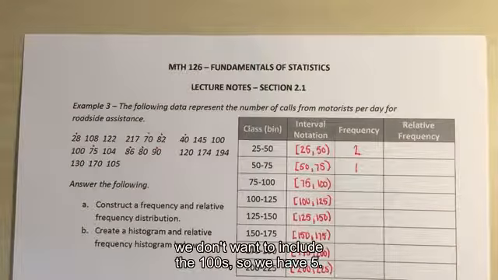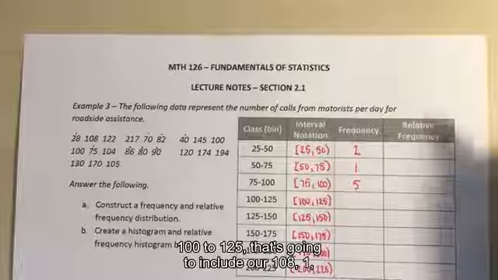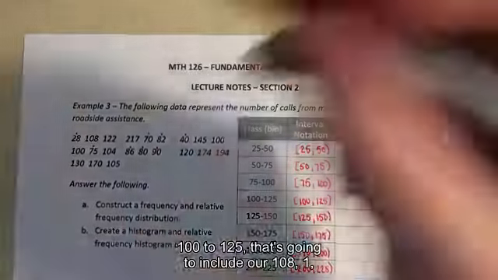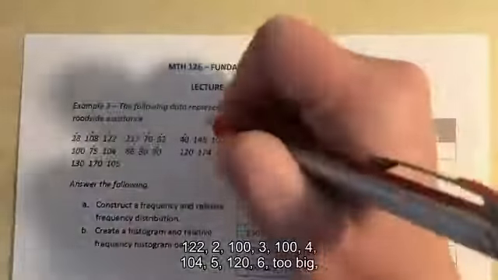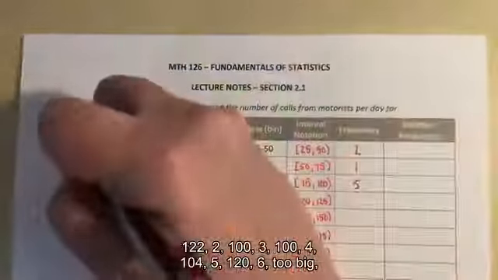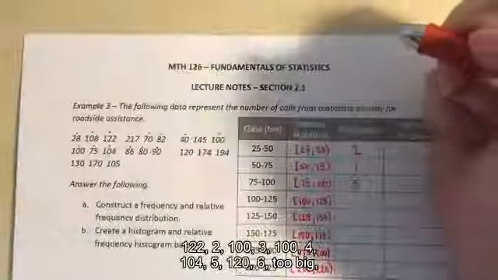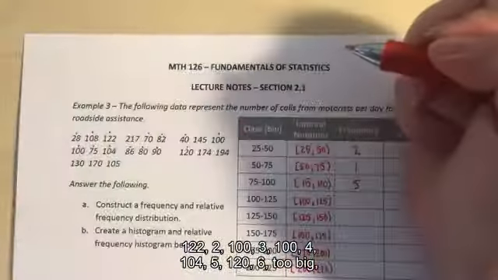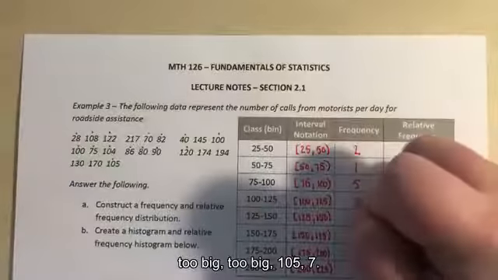Again, we don't include the 100s, so we have 5. 100 to 125 includes our 108, 1, 122, 2, 100, 3, 100, 4, 104, 5, 120, 6, too big, 105, 7.